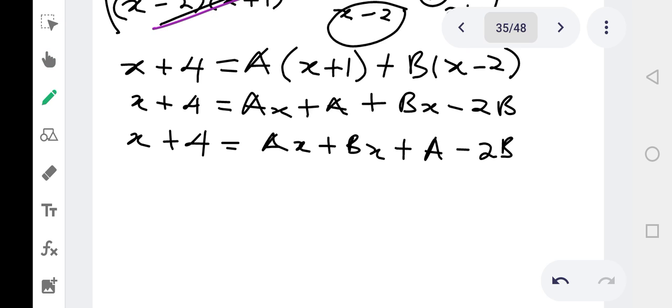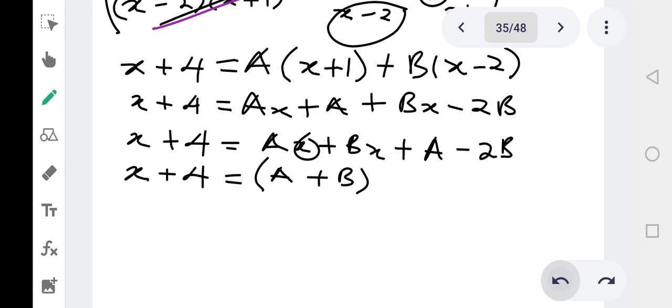All right, so let's see how we're going to do that. So say x plus 4 is equal to a plus b, and then we take out this x outside. So we put it outside here. And then these will just be the same. Or we can put them in the brackets as well if we want, but it doesn't matter. Okay, we put them like that.